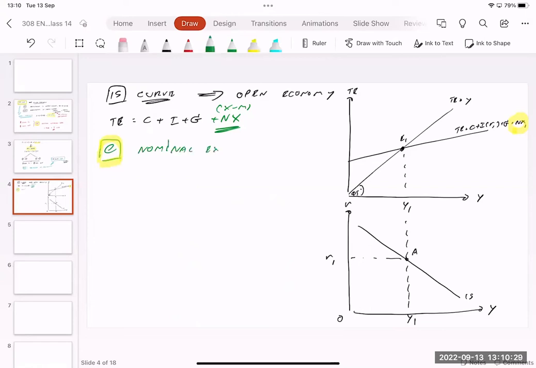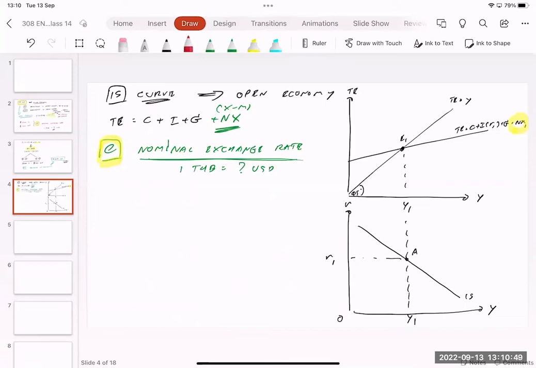So if the nominal exchange rate changes, it can change NX. We're going to use the knowledge that we learned in chapter 2. Again, the nominal exchange rate is: 1 baht equals how much US dollar, the foreign currency.